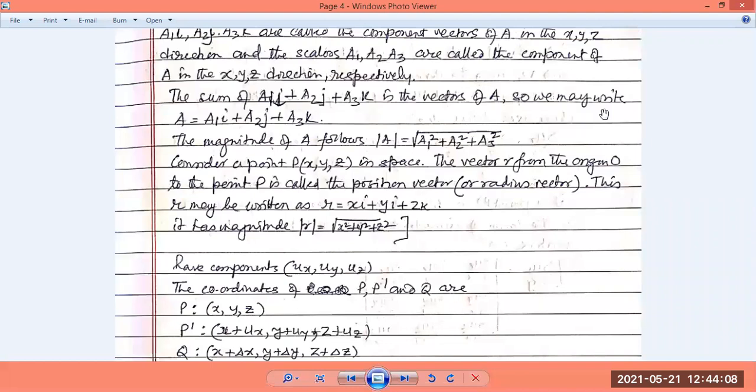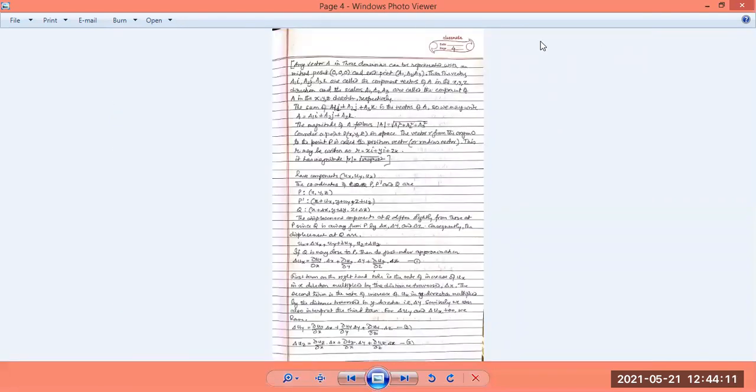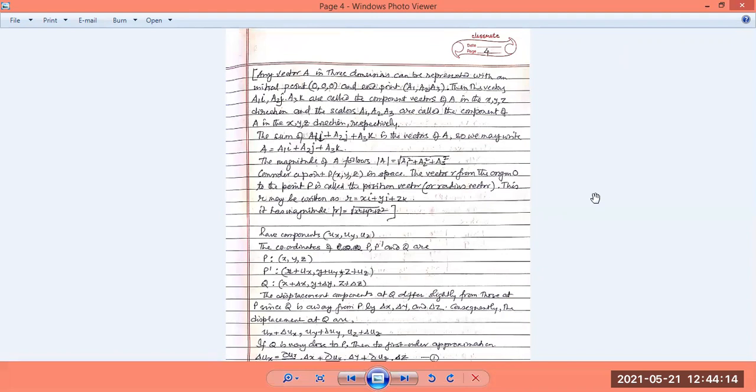I am just telling you a few points about vector analysis, which is already known to you. Any vector in 3 dimensions can be represented with an initial point O (0, 0, 0) and endpoint (a1, a2, a3). Then a1 i, a2 j, a3 k are called the component vectors of A in the x, y, z directions, and the scalars a1, a2, a3 are called the components of A in the x, y, z directions.